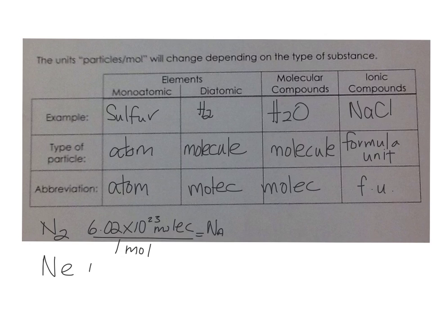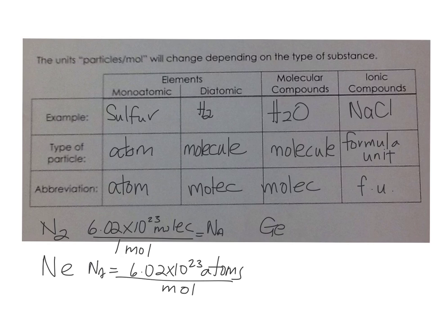So Avogadro's number is 6.02 times 10 to the 23 atoms per mole.